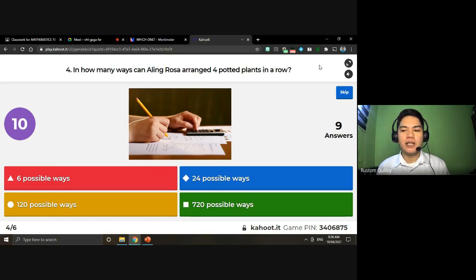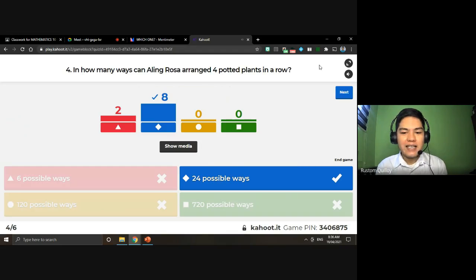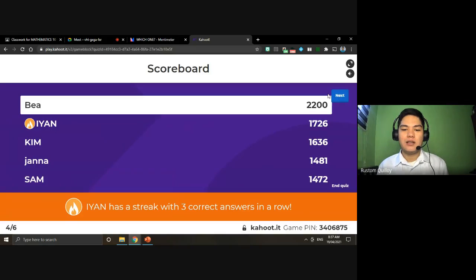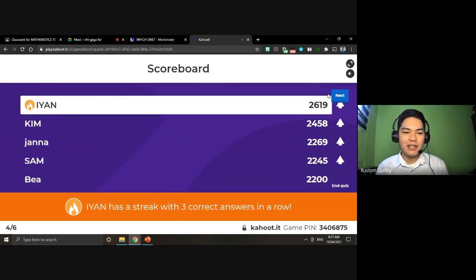Lahat po ito ay permutation, kaya nga lang iba't ibang cases ng permutation. Okay, correct answer is 24 possible ways. So 8 of you got the correct answer. So dito sa number 4, we just look for the value of 4 factorial, which is 24. Okay, leading natin is si Ayan.